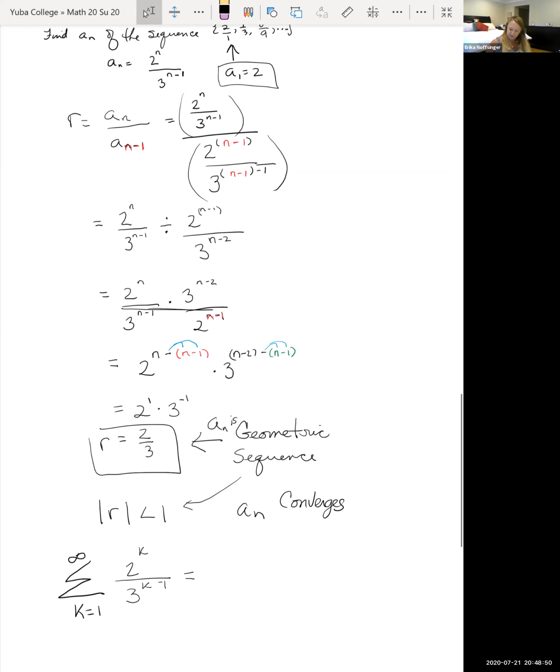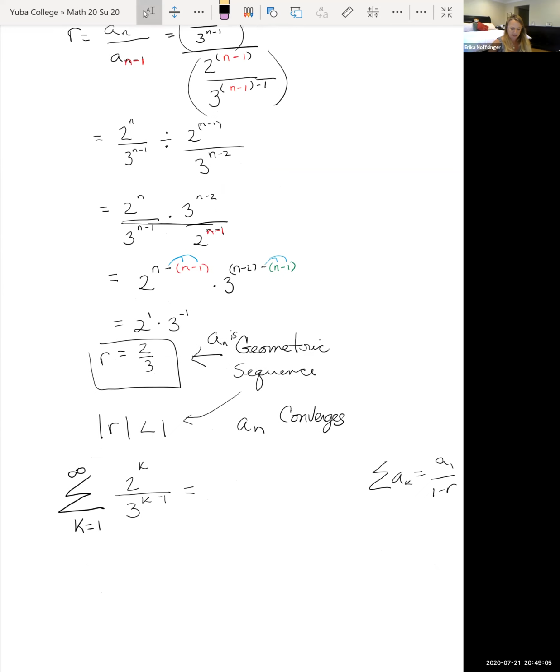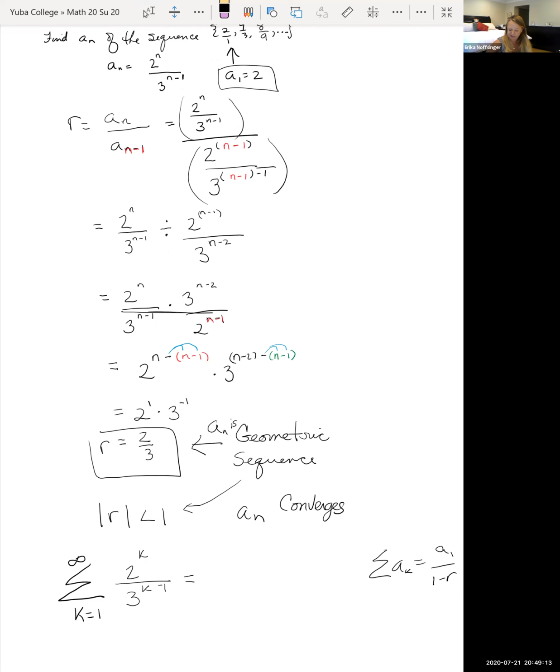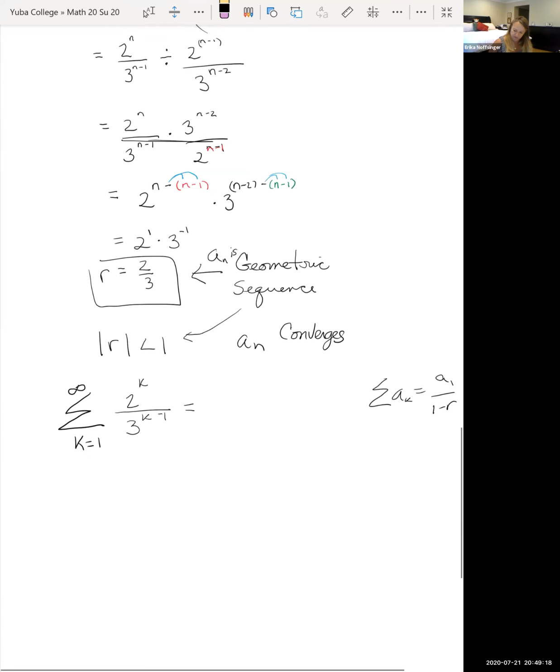So this is going to converge to a sub 1, all divided by 1 minus r. So this is going to converge to our first term. Well, just looking at the original problem, we know what the first term is. It's 2. If we didn't, we can plug in 1 in here. Okay, so it's 2, our first term, all over 1 minus r. And r we just found was 2/3.